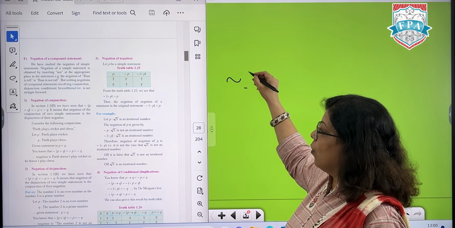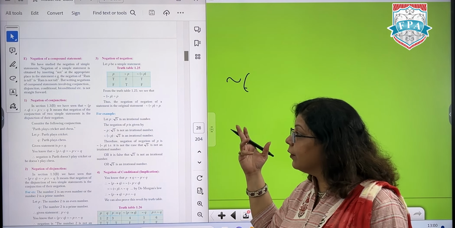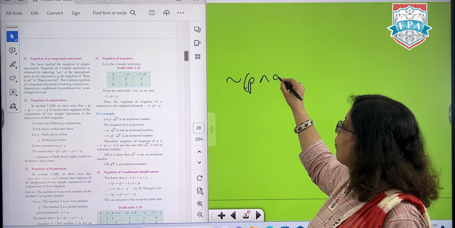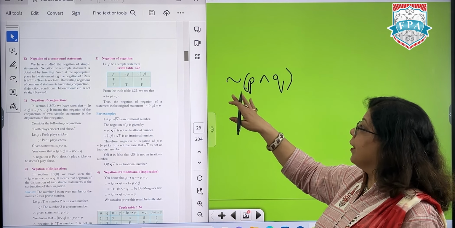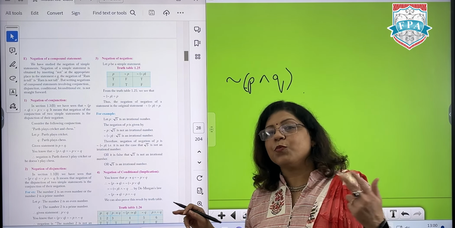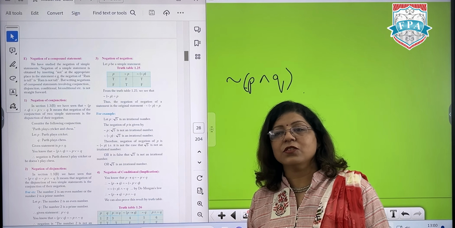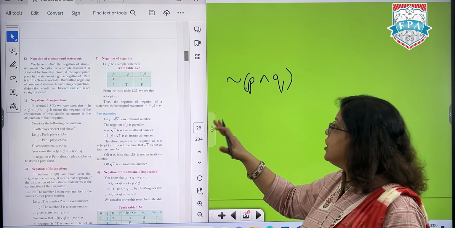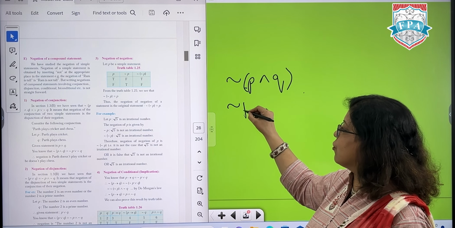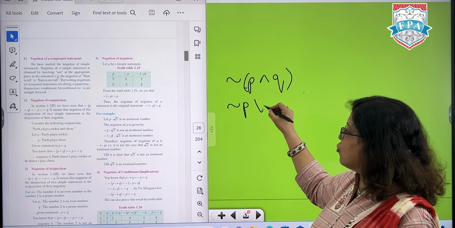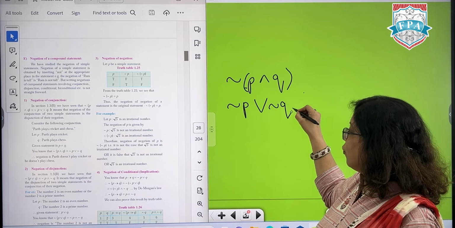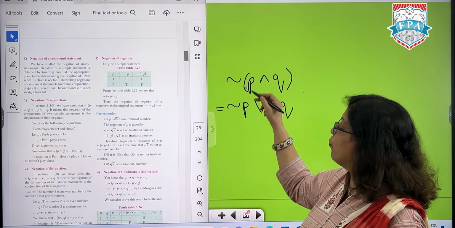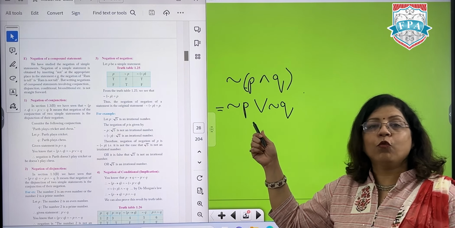Now negation of conjunction, you know that it is P and Q. A rule applies here, which we have studied earlier in sets. If you people have done sets in your earlier classes, you must have learned it. The rule is basically De Morgan's law. So according to this De Morgan's law, now this will become negation of P, and sign will change to or, and then you will get negation of Q. So the final statement for this is this, and they both are logically equivalent.